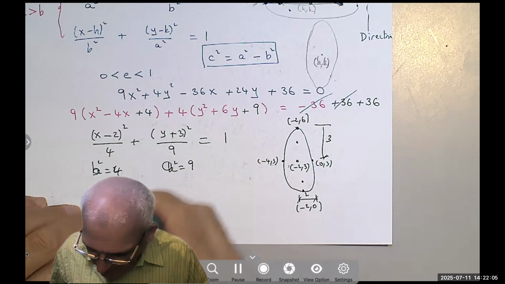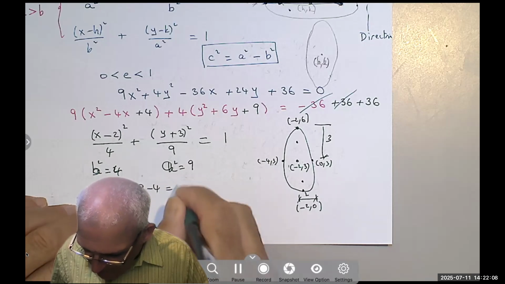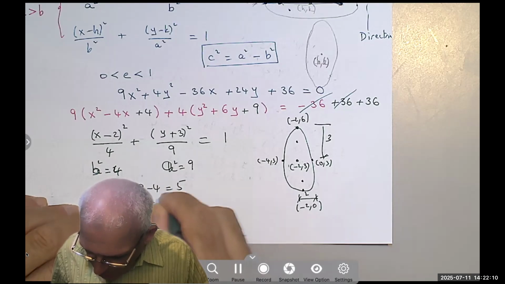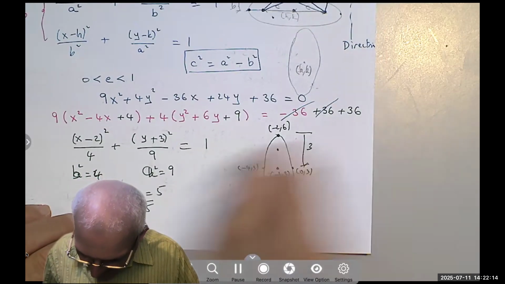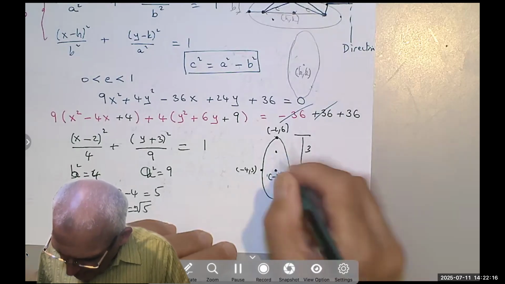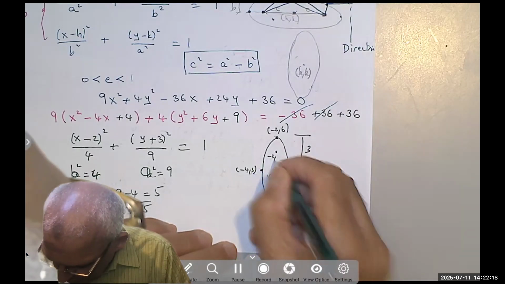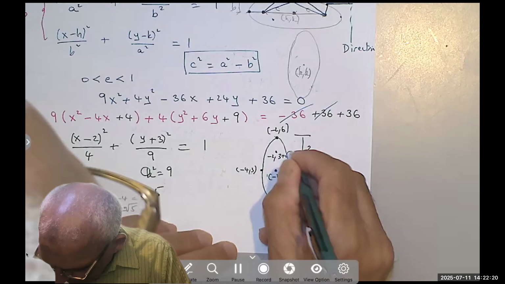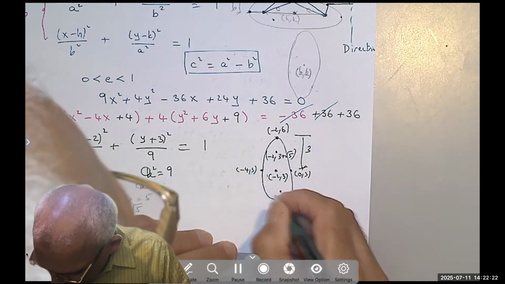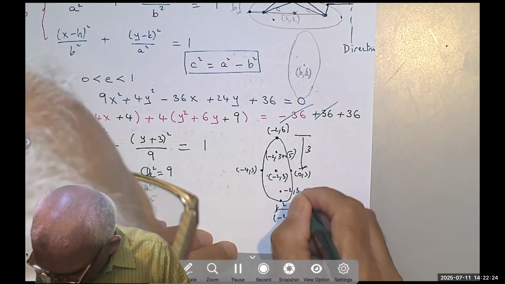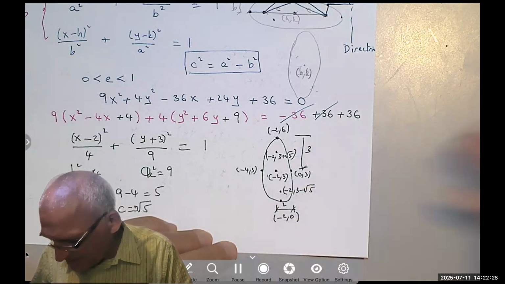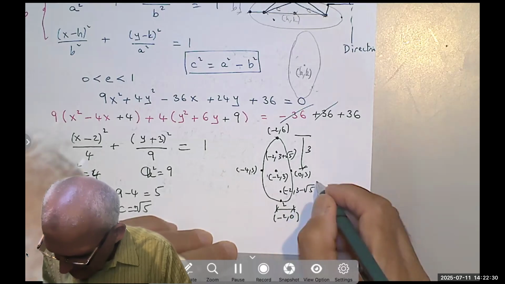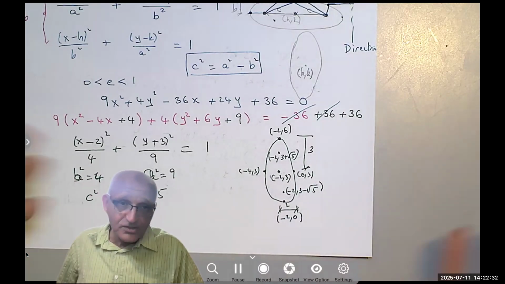So c squared equals 9 minus 4 equals 5, or c equals root 5. In fact, plus or minus root 5, because when you add, you get the top one. So this would be negative 2 and 3 plus root 5. And this would be negative 2 and 3 minus root 5, which is slightly more than 2.3 something. So it's more than 2 and less than 3. So it's above the 0, of course.